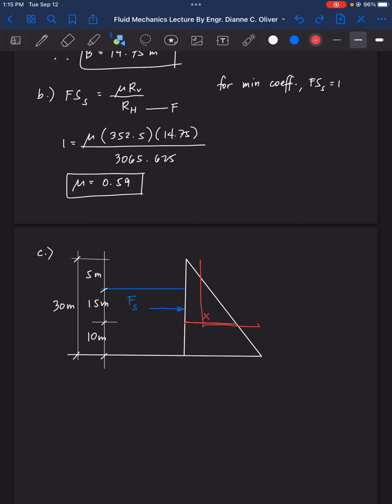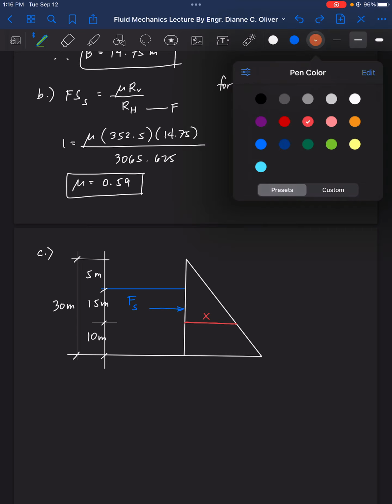So there will be a crack there, and the structure will slide. If there is a sliding of the structure like that, the failure at this portion becomes the shearing area. So let's draw that shearing area.